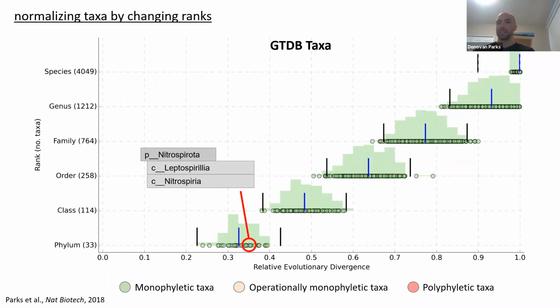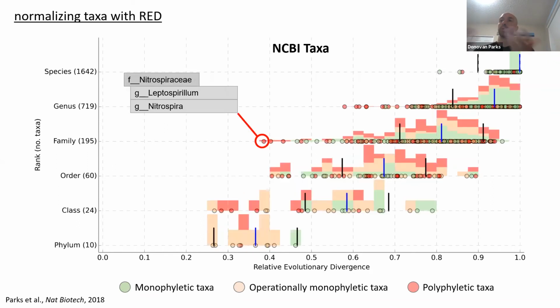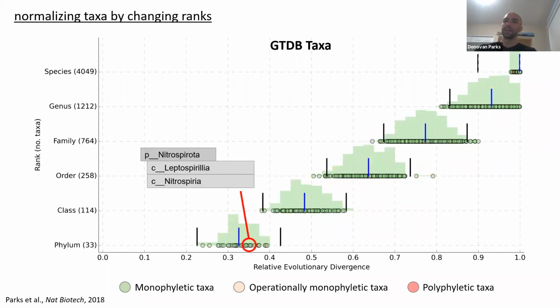This is also an illustration of the extent to which these things have been reclassified. This is what we originally started with in defining the GTDB, and after we go through this process of normalizing all the taxa, we end up with something that looks like this. You can see that what a family now means is a much more consistent definition.